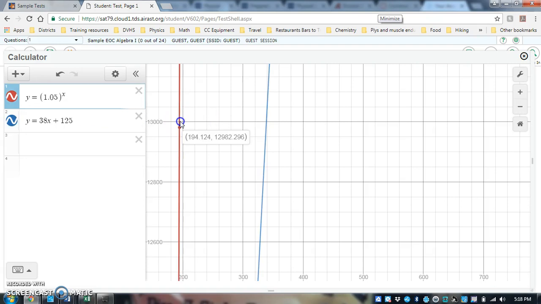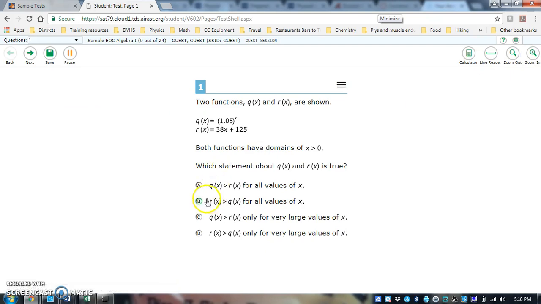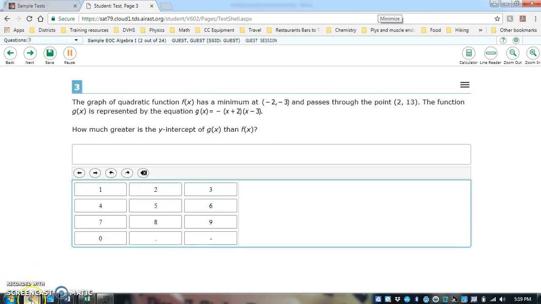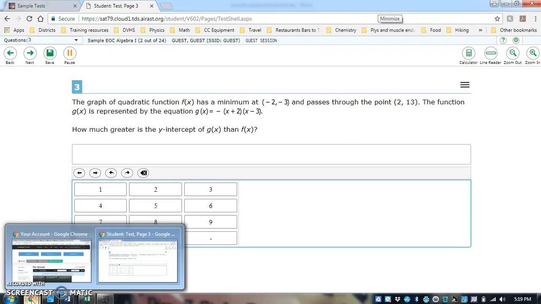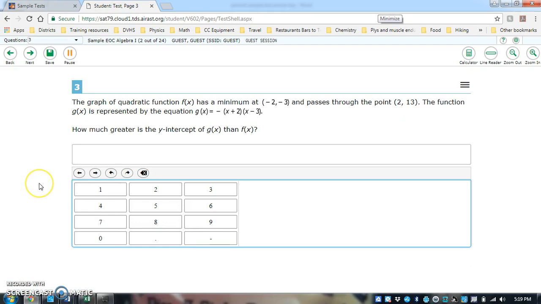So if a lower input gives me the same value, that means it's a greater function, and therefore as my x values get larger and larger, my exponential will be greater than my linear function. And that answers C.